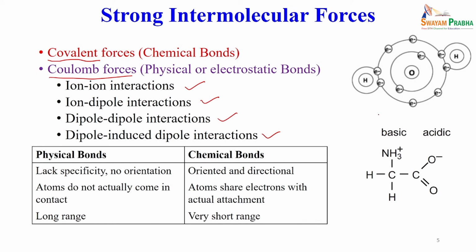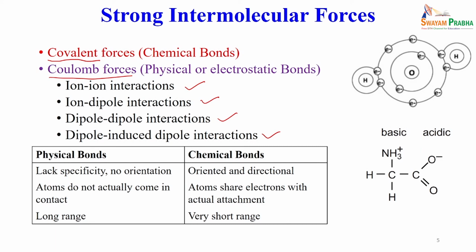So, this is one representation of covalent linkage in a water molecule. There are two hydrogen atoms, one oxygen atom, and sharing of electrons between oxygen and hydrogen results in the formation of a covalent link. This is one amino acid where we can see, due to the partial charge on the amine group and carboxylic group, there is a formation of a dipole.